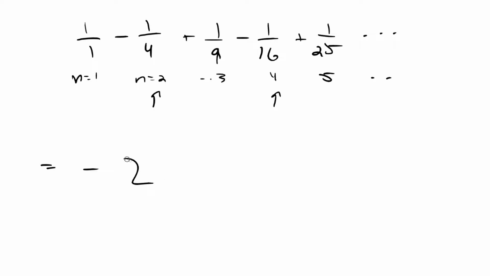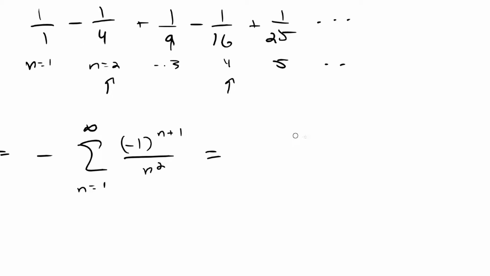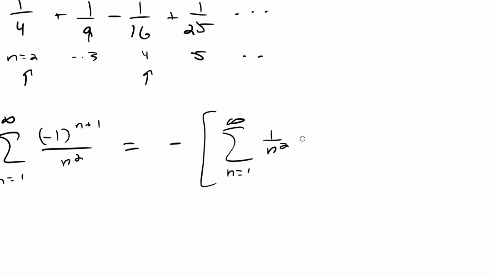The way we'll do that is as follows. We have this sum from n equals 1 to infinity of (-1) to the n plus 1 over n squared, and we'll write this as the sum from n equals 1 to infinity of 1 over n squared, which we know to be pi squared over 6, and we'll subtract 2 times each of the even terms. So this is the sum from n equals 1 to infinity of 1 over (2n) squared.